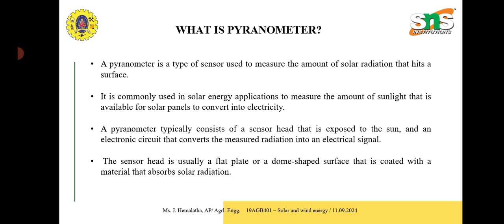Its main role is in solar monitoring. It measures the intensity, duration, and availability of the sunlight. The major sectors commonly using it are solar energy, agriculture, meteorology, climate science, and building and urban planning.